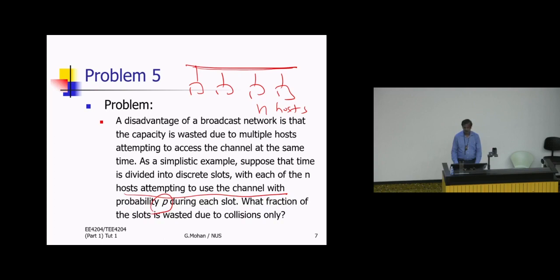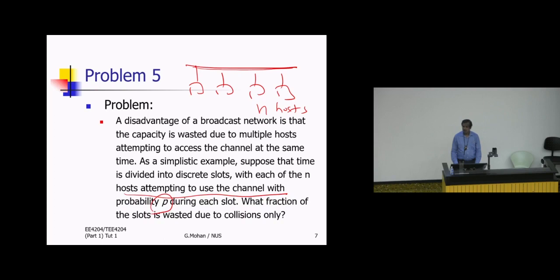But in between, if P is greater than 0, then there is a possibility of collision. When 2 or more hosts attempt to transmit at the same time, that will lead to collision, right?